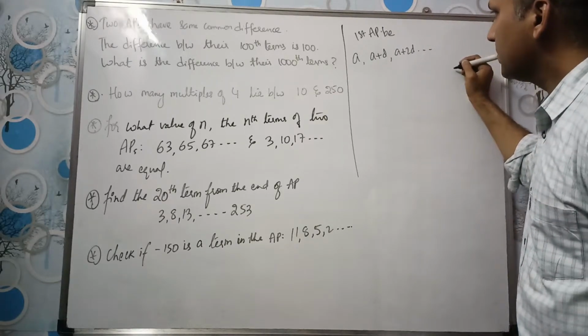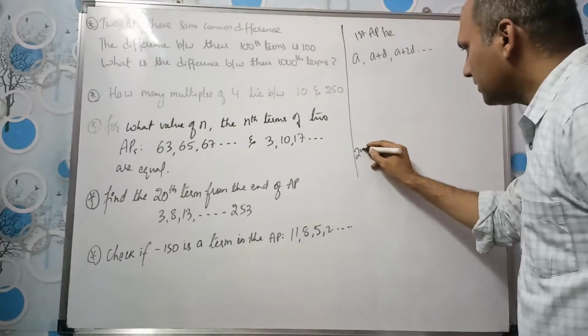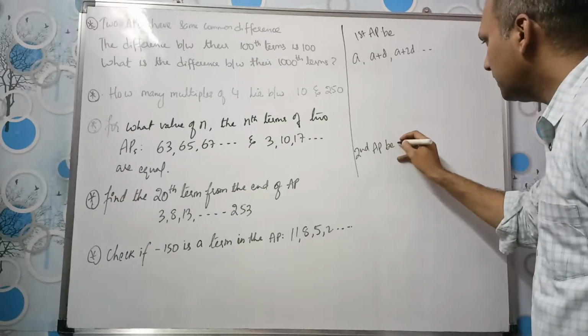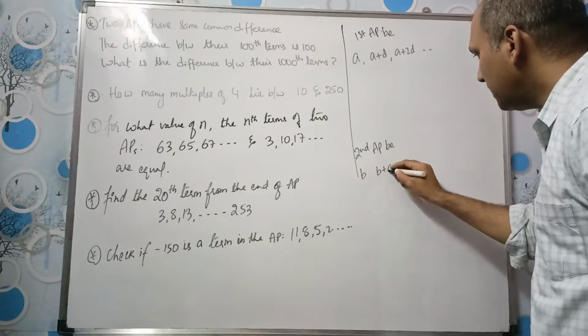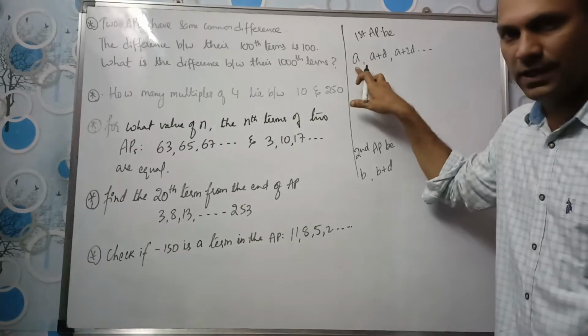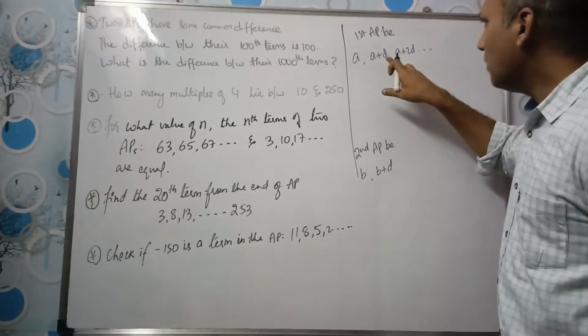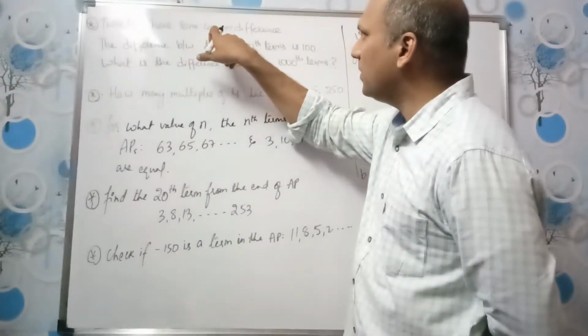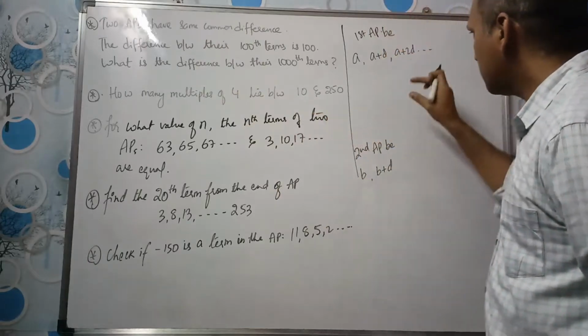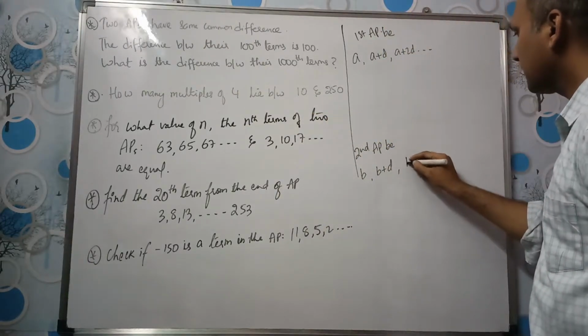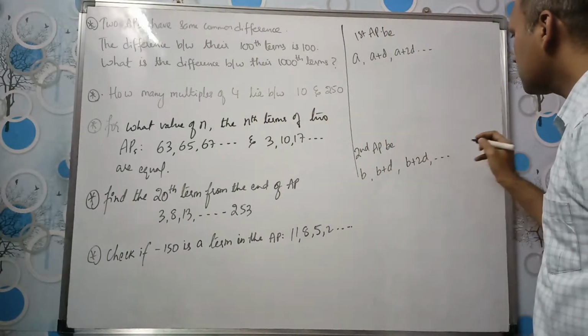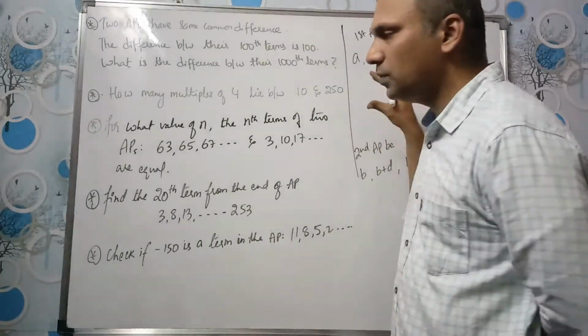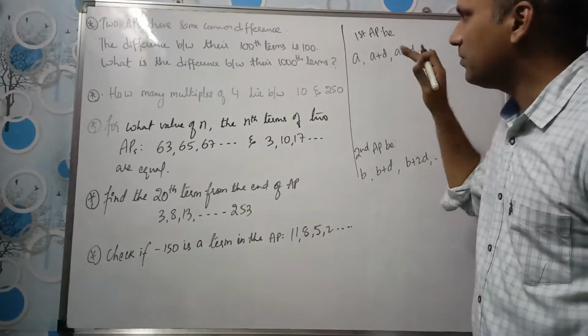Let the second AP be B, B plus D, B plus 2D and so on. We are not taking A now because we already took A. We are taking D again because it is clearly mentioned the common difference is same. So these D values are same. Okay. We have two examples of APs.